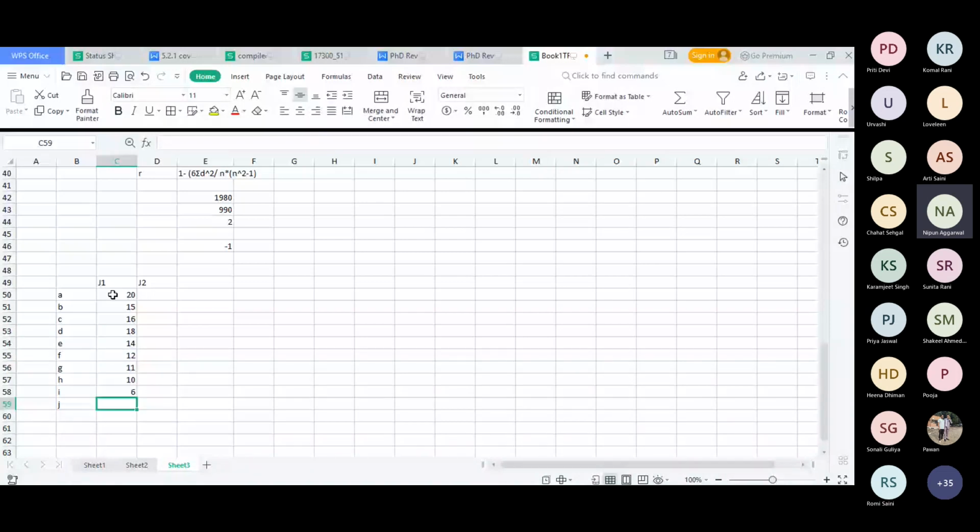Suppose these are the marks given by judge 1 to the 10 contestants, and judge 2 has given like 20, 19, 12, 13, 17, 14, 12, 11, 10, and maybe 8. We do not have to remove any duplication now. So these are the marks given by judge 2.